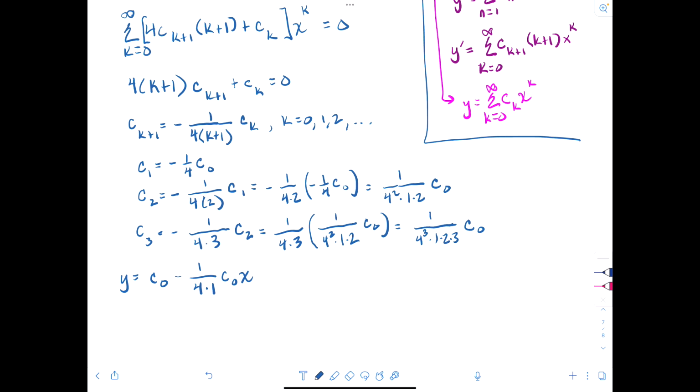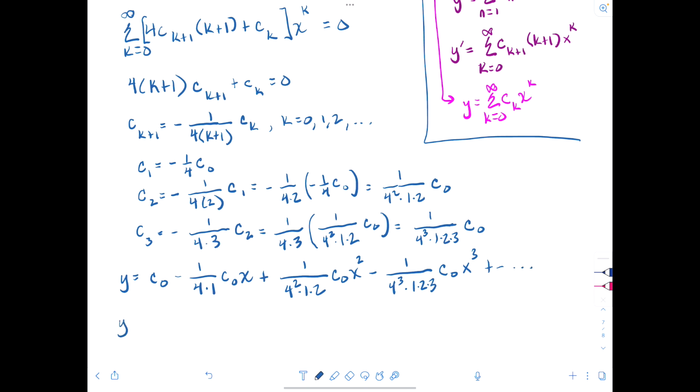We're going to have a positive, right? So this is going to be plus 1 over 4 squared times 1 times 2, c0 times x squared. And then minus 1 over 4 cubed times 1 times 2 times 3, c0 times x cubed, plus minus dot dot dot.